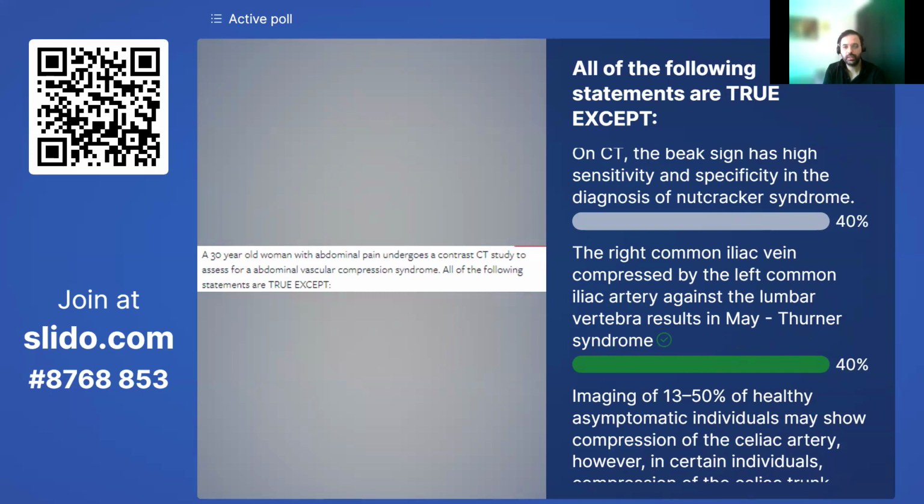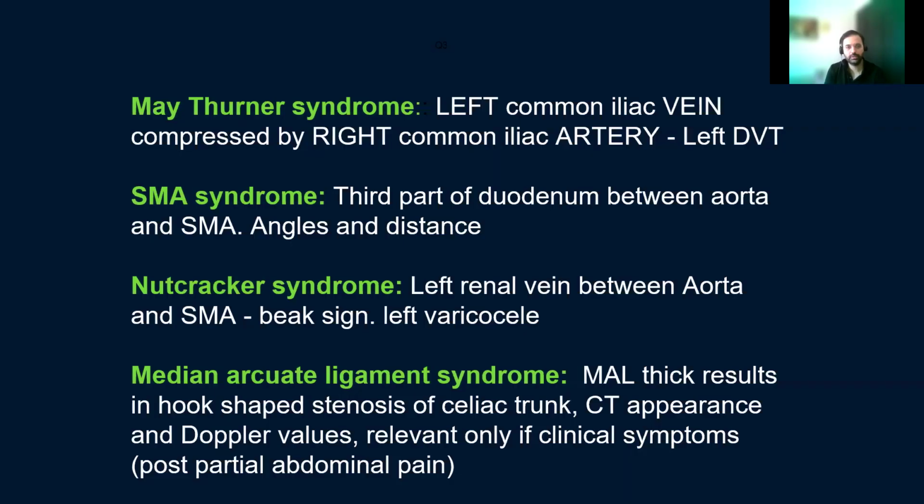So the correct answer is the right common iliac vein getting compressed by the left, causing May-Turner syndrome. So let's go back and discuss this.